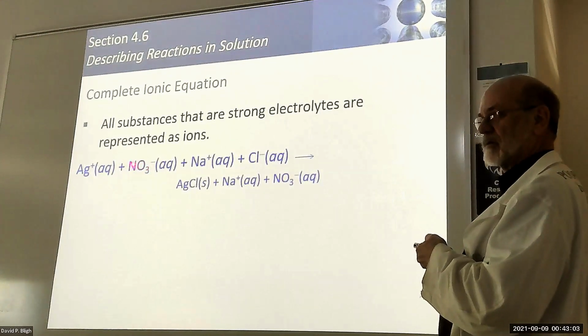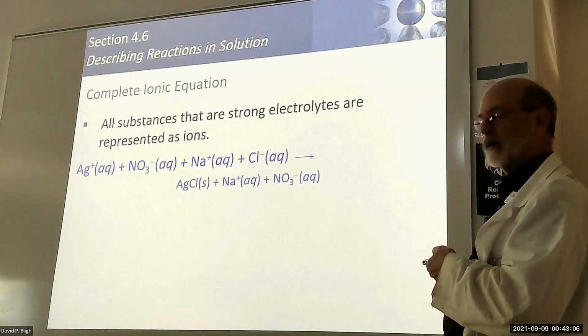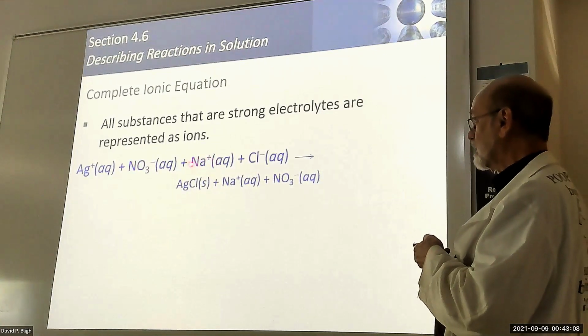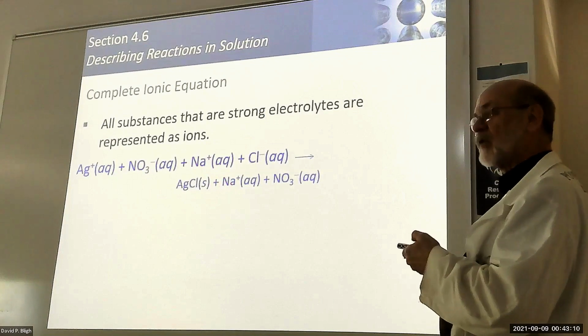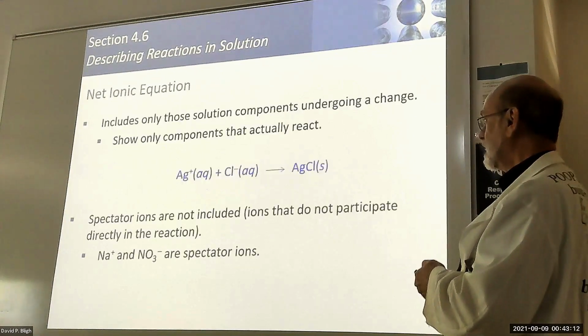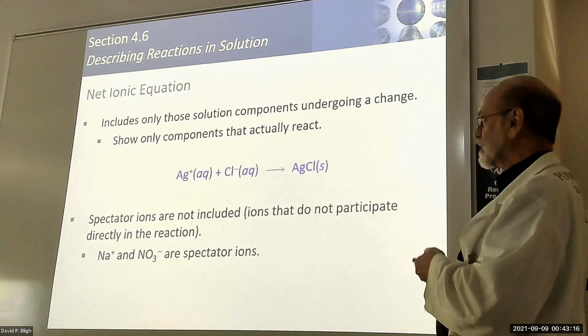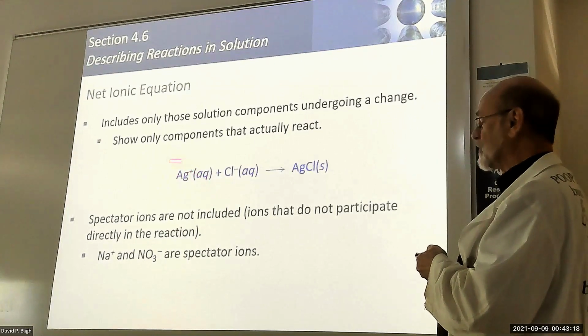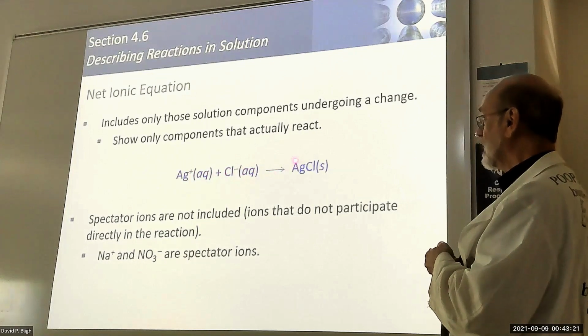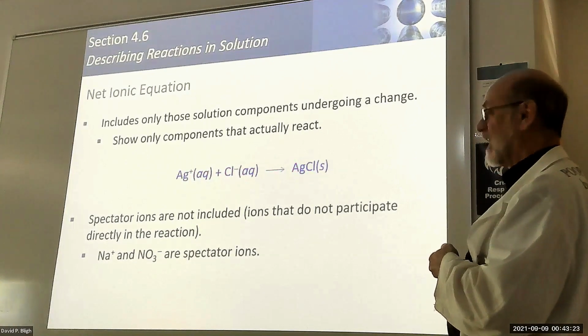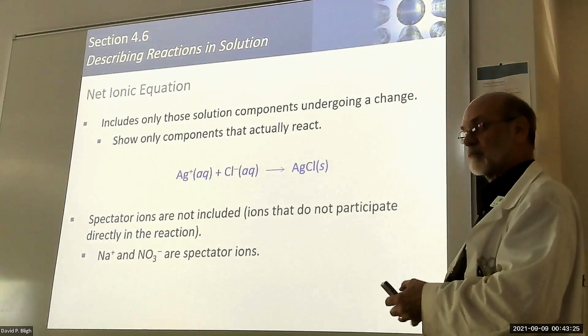They're spectators. They're just watching the whole show. Sodium's the same way. It's there and there. Cancel those out, and what do you have left? You have the net ionic equation. This is where the action is. Silver ions combined with chloride ions to make silver chloride. That's the net ionic equation.